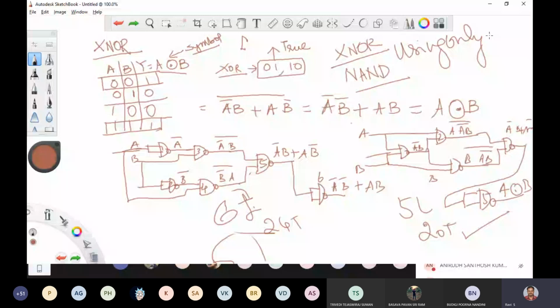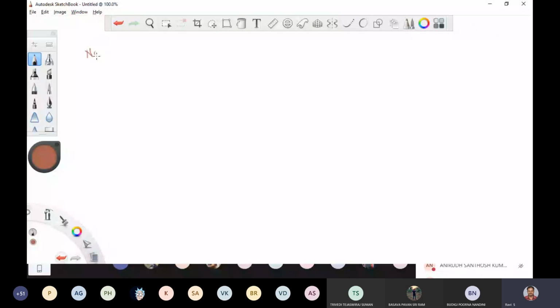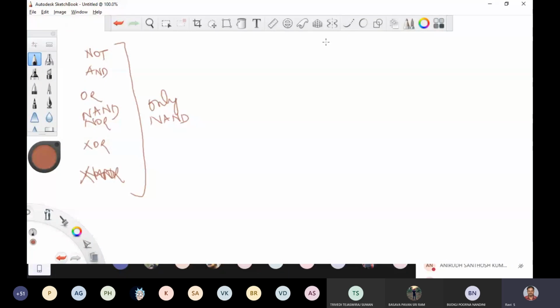See, the homework is, I implemented all the logic gates: NOT, AND, OR, NOR, XOR, and exclusive NOR logic. NAND itself is NAND, right? So all the 7 using NAND, I implemented only with NAND logic gates. So I have one more logic gate which is also called universal.